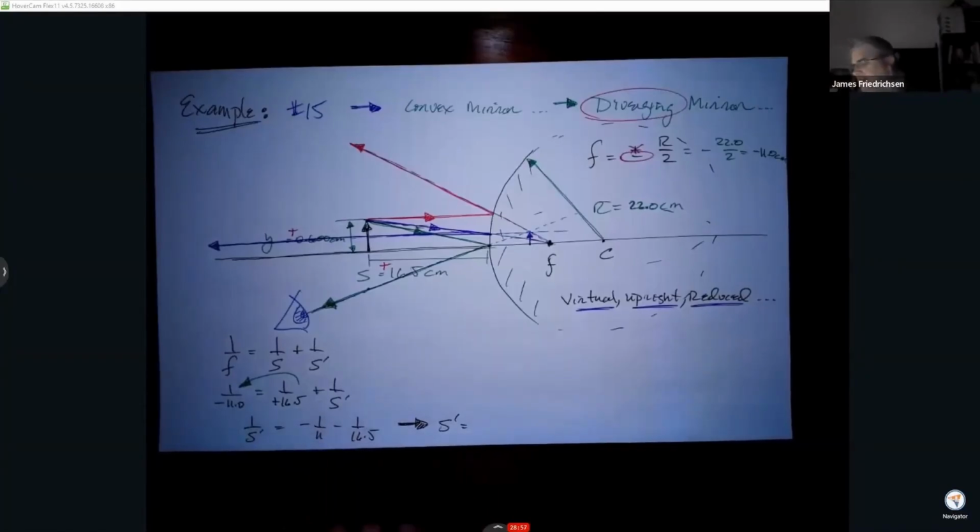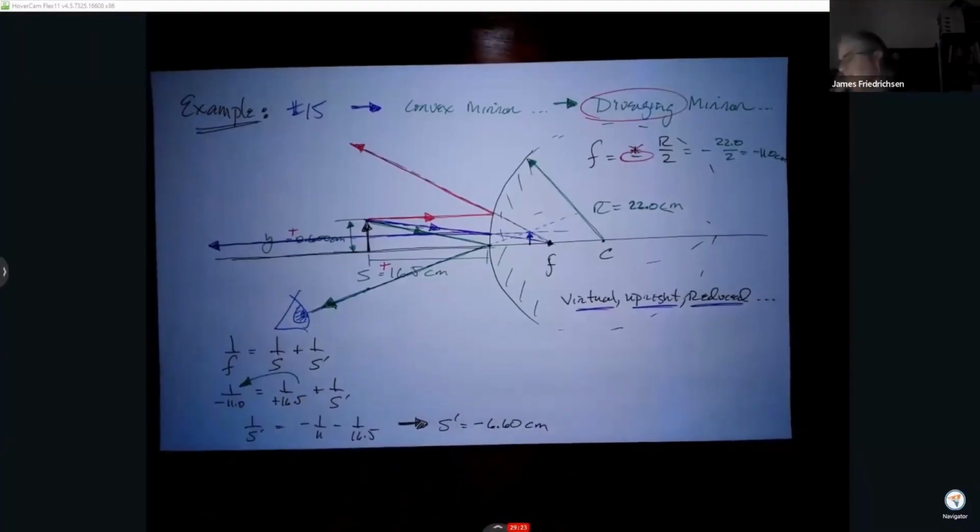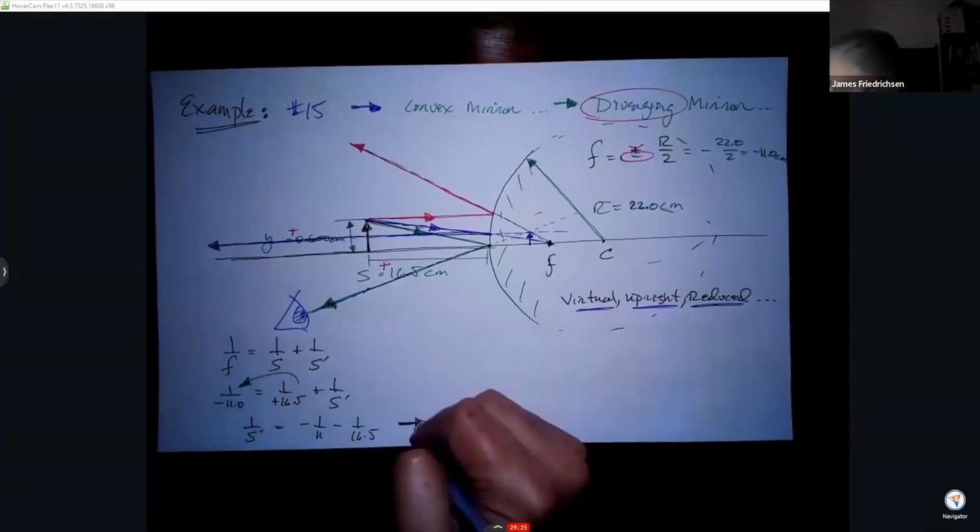And then it would be like our resistors and capacitors, where it'll be smaller than the smallest one, but not smaller than the smallest one divided by how many. So we're looking at less than 11. It'll be negative, but less than 11, between 11 and half of 11. So negative 5, negative 6, 6. There it is. Since everything's in centimeters, it comes out in centimeters. And so there we go.